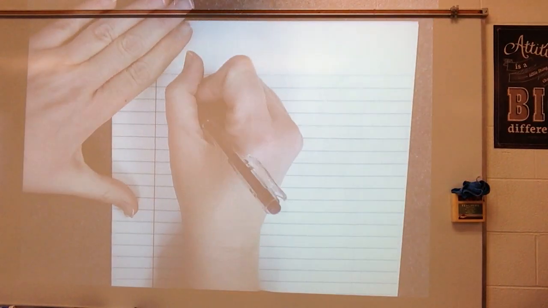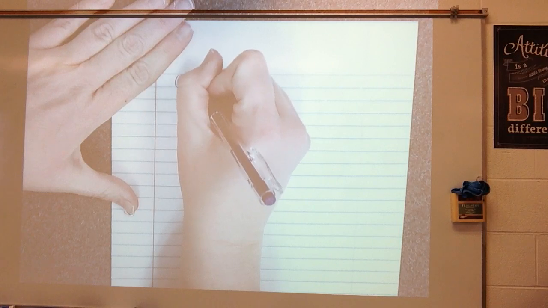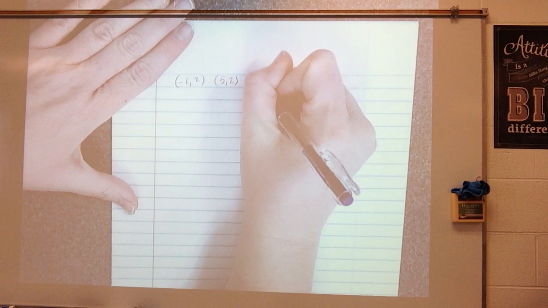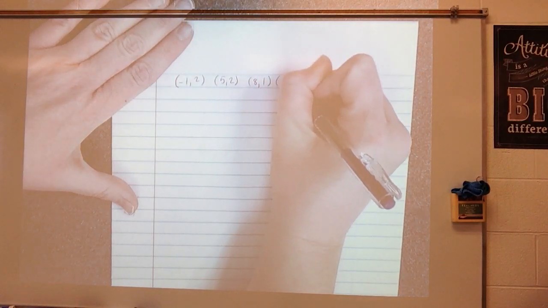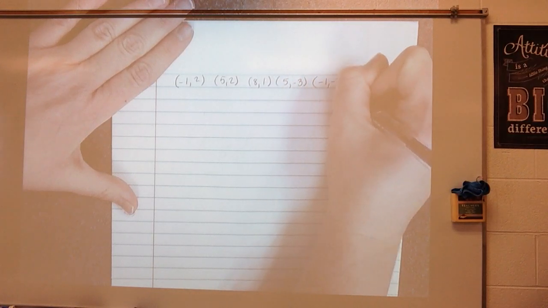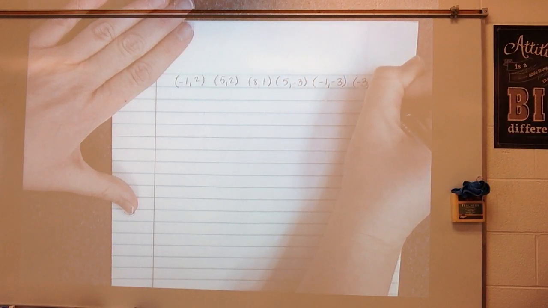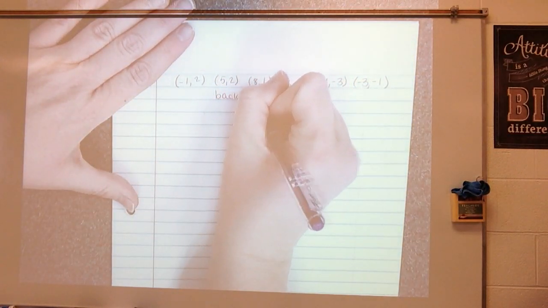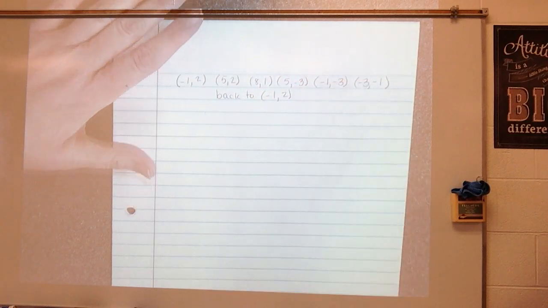Alright. Let's say that it gives me just a little bit more of a difficult problem. It says to sketch a polygon, and it tells me the vertices are -1, 2, 5, 2, 8, 1, 5, -3, -1, -3, -3, -1, and then back to -1, 2.